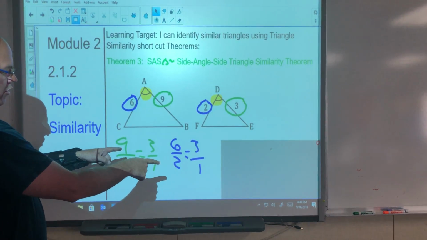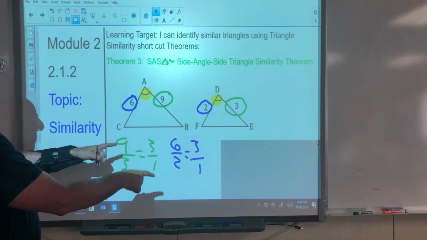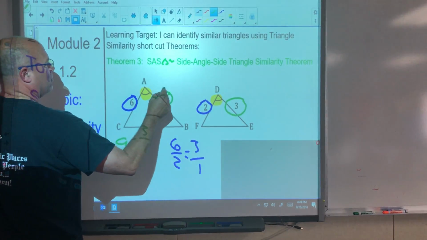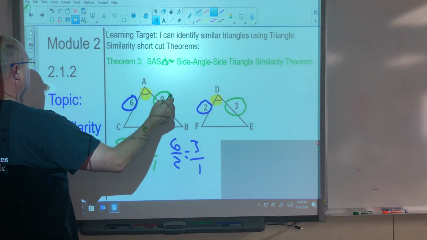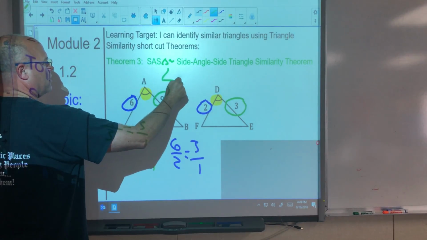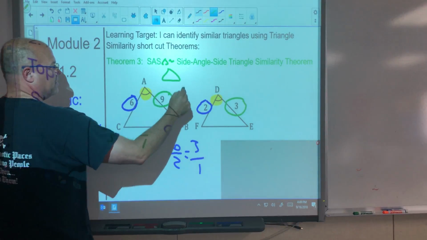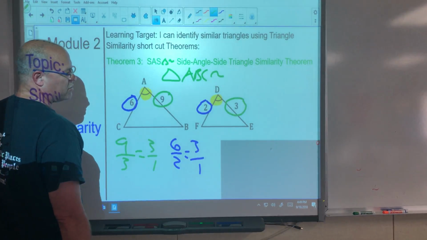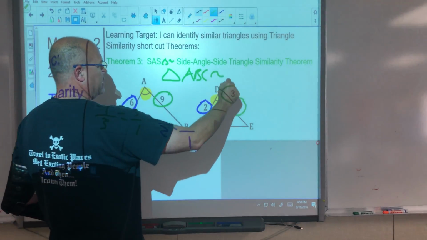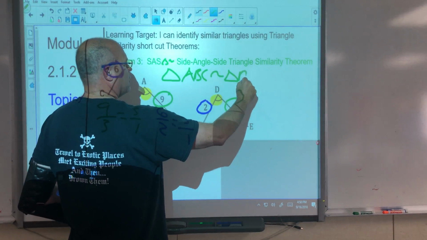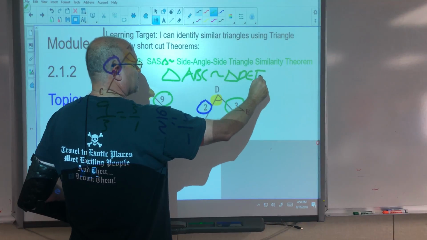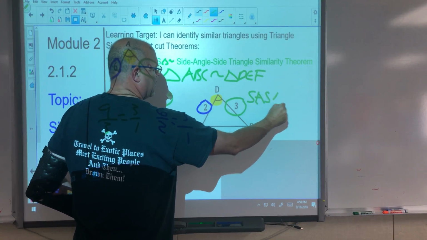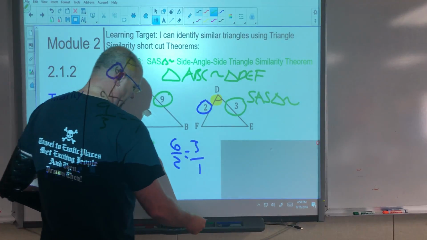So those ratios are the same, and I had the included angle in between, so I can now say that these triangles are similar. So I'm going to say triangle ABC is similar to triangle DEF, and our justification is side-angle-side triangle similarity.